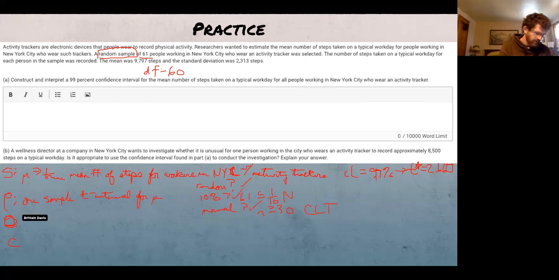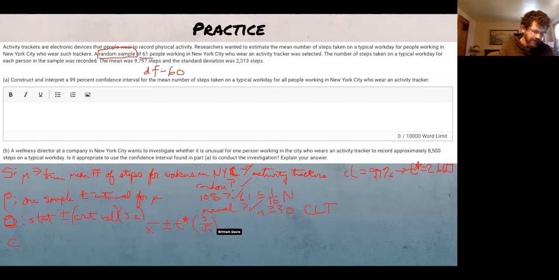Now let's do. It's going to be statistic plus or minus the critical value times the standard error. And in this case, that's going to be x bar plus or minus t star times s divided by the square root of n. We can find those numbers.